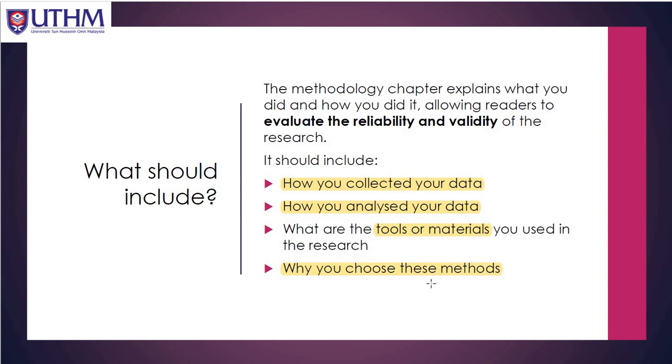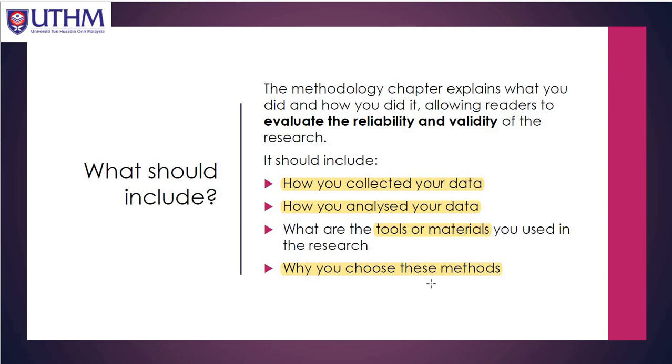Then, why do you choose this method? For example, you have a few methods to do this kind of thing, but you choose only one. You don't say, oh, because this method is easy for implementation. No, you must review first. That's why in the literature review, you must review every technique.